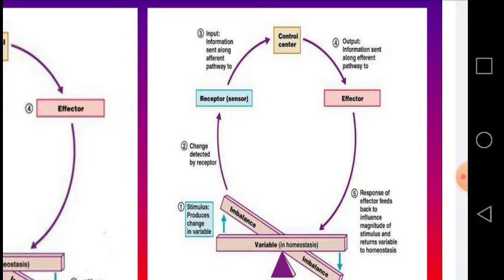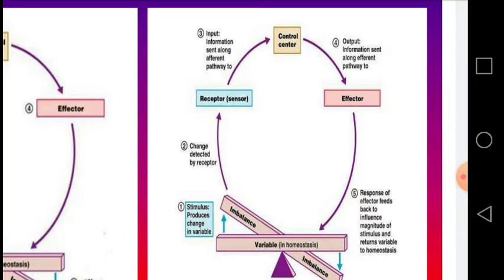These effectors may be the muscles, skin, or different glands present in our body, and they work according to the instructions sent by the central nervous system, and they respond in such a way that the imbalance which was created comes back to the normal values. This is how negative feedback helps to maintain the body at constant values.